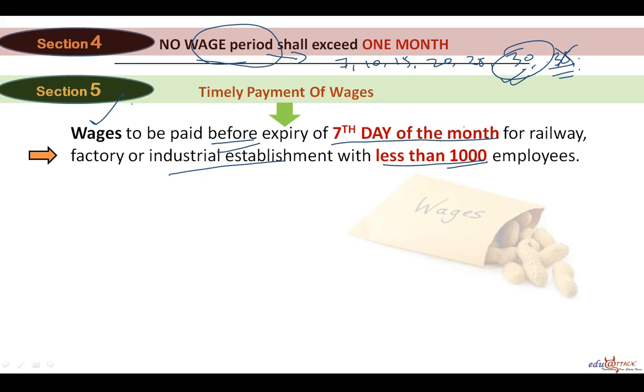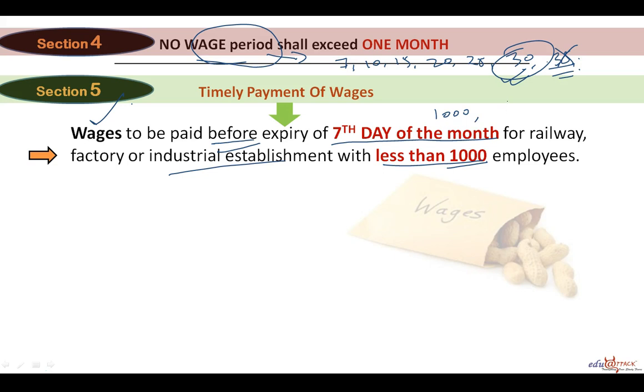What does this section 5 mean? If there are employees working in any railway, factory or industrial establishment where there are less than 1,000 employees, then in that case the employer has to pay the wages before the expiry of the 7th day of the month. What does that mean?